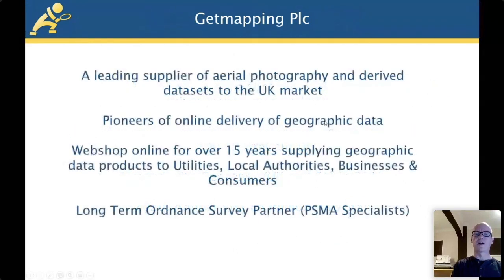We're a leading supplier of aerial photography to the UK market, and we're also pioneers of online delivery, web feeds of geographical data. We've been feeding data to local authorities and businesses using a web shop and through web feeds for the last 15 years. We're also long-term OS partners.